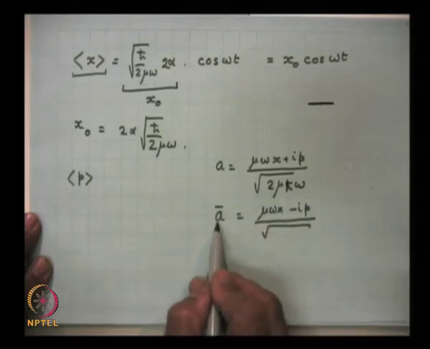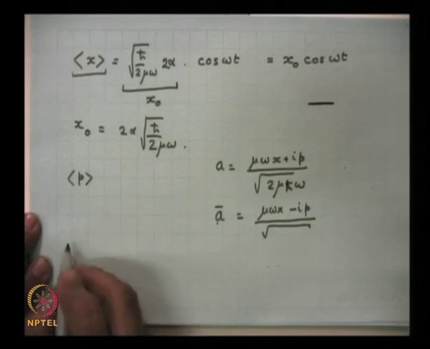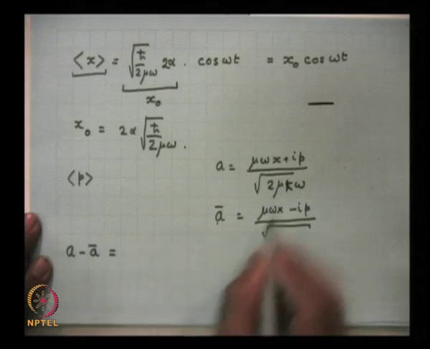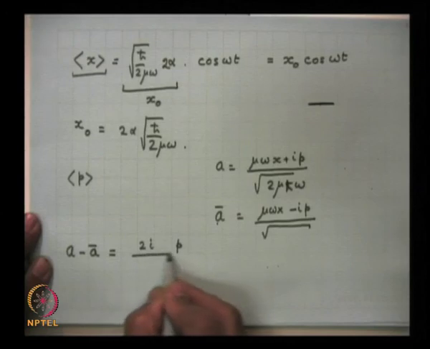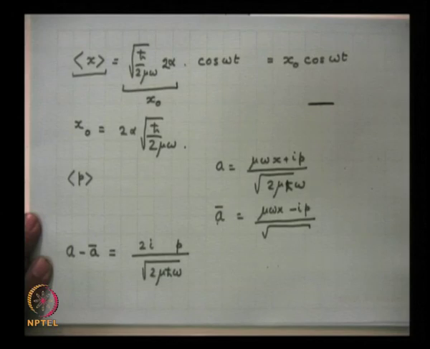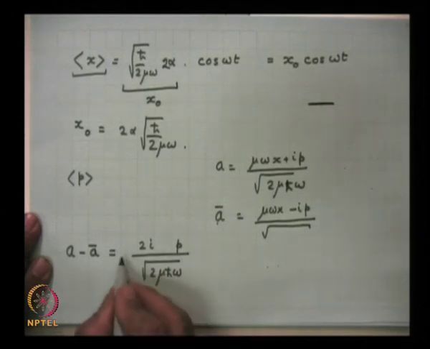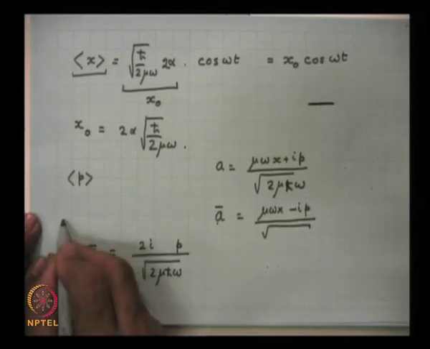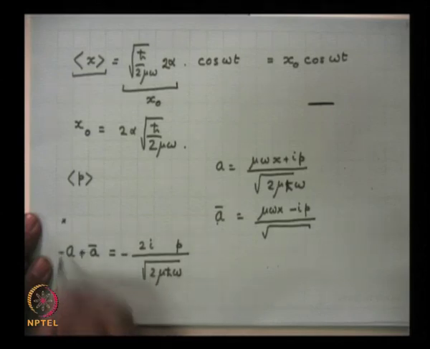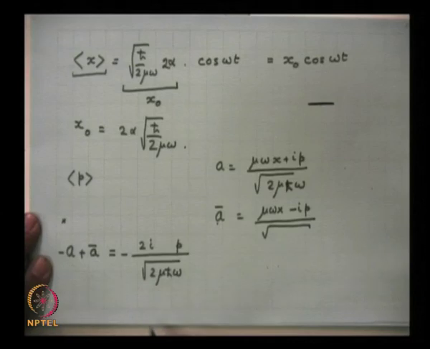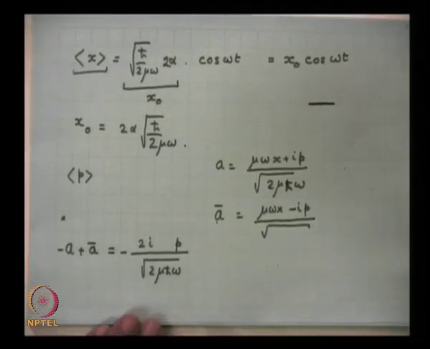So, if I subtract this from this, I get A minus A bar is equal to 2 I p divided by 2 mu h cross omega. If I multiply both sides by a minus sign, and then multiply by I, the right hand side becomes plus.